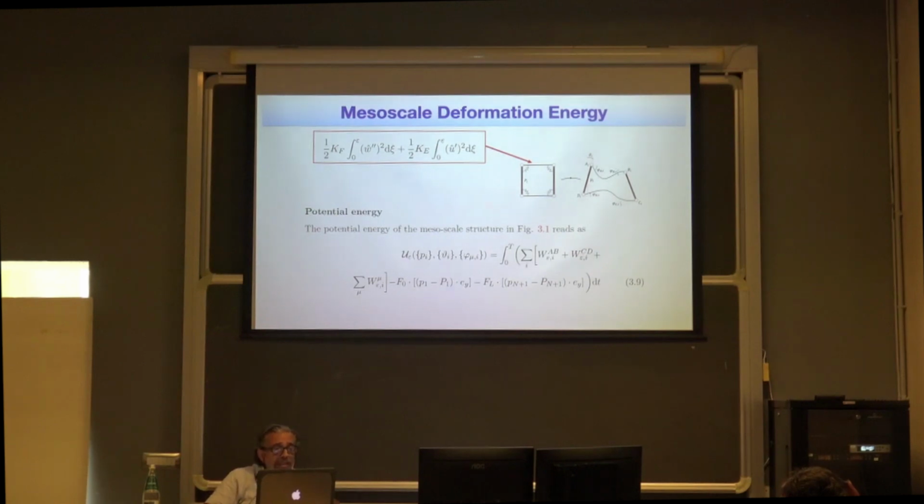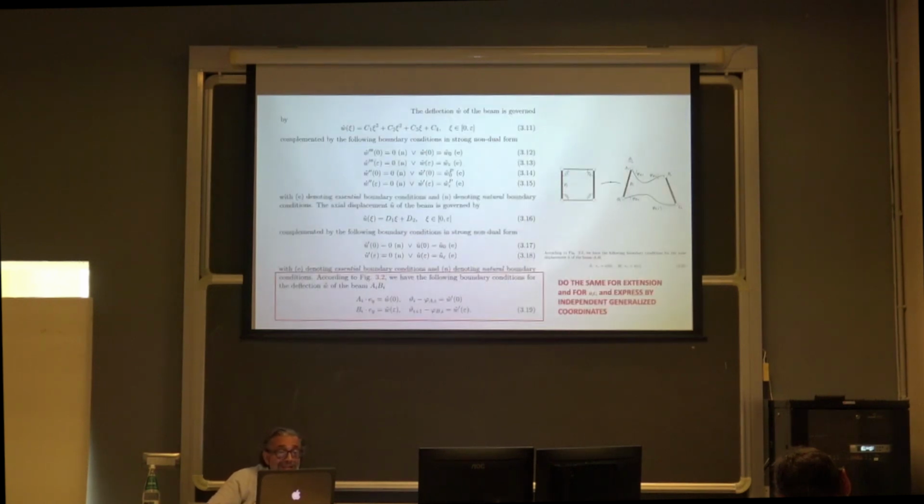And what do you get? The potential energy of the mesoscale structure, which reads in terms of formula 3.9, where you have applied only forces at the beginning of the beam and at the end of the beam for simplicity. So you have dead loads applied, okay? Then you solve the linear elastica problem.